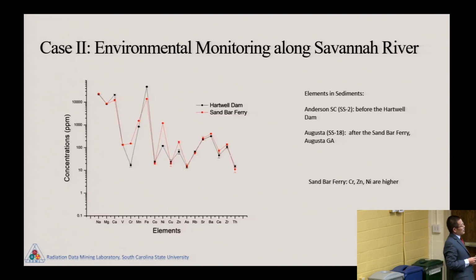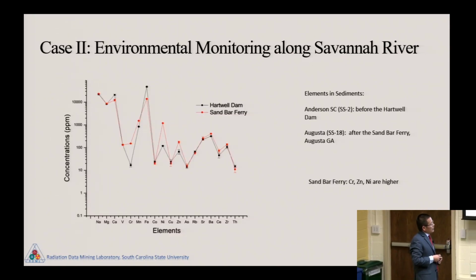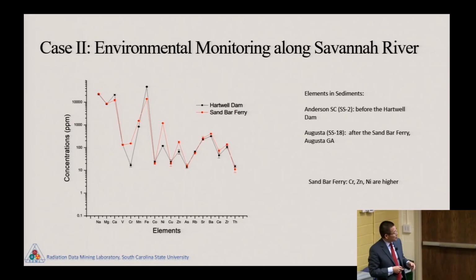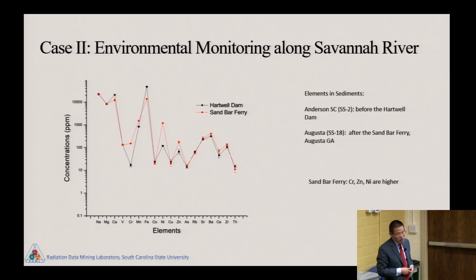What I want to show you is that after the ferry, that place is exactly where the U.S. battery is. And before that, the sediment looks quite clean. But after that, you will see a lot of chromium, zinc, and nickel in it.